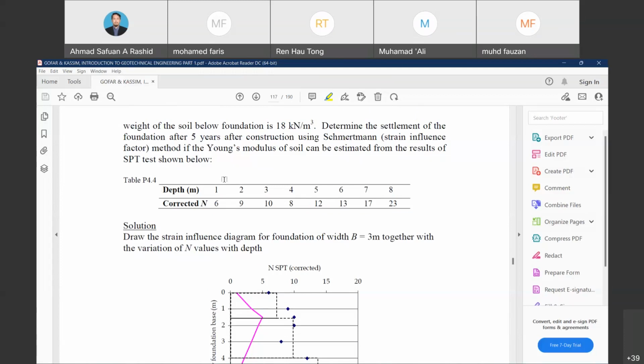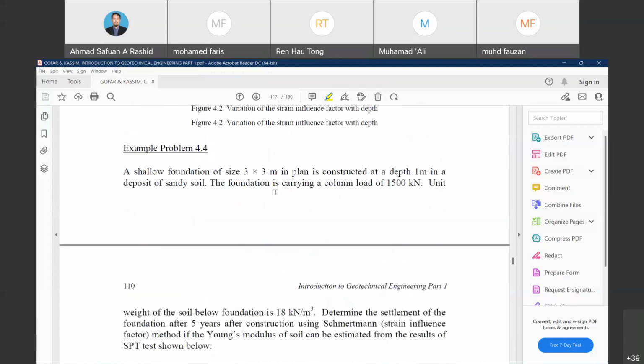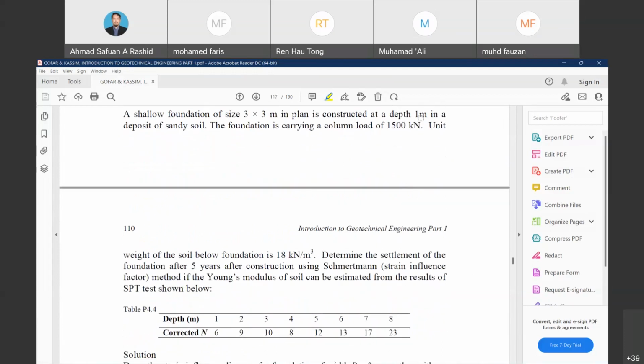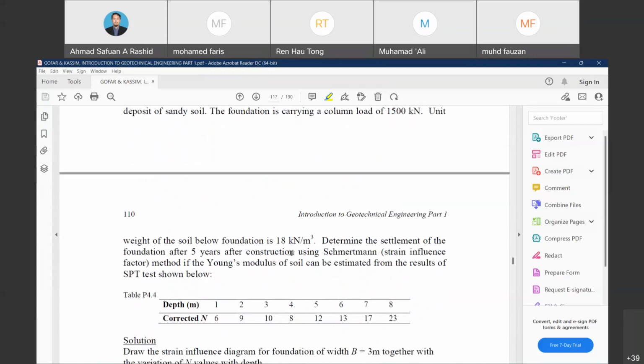In the question, the depth of the foundation starts from 1 meter from the surface level, so it is 1 meter below the surface level.